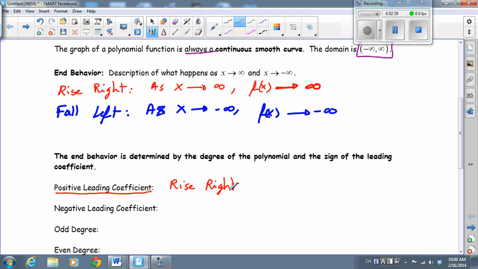Besides rise right, by the way, we say this one was a positive leading coefficient. For a negative leading coefficient, instead of rising, it will just fall right.